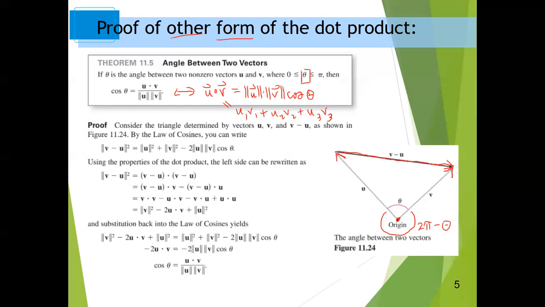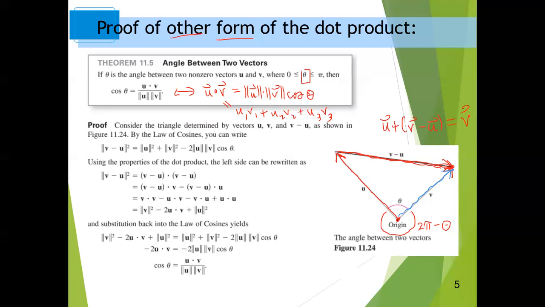After all, you would go u plus v minus u. What's u plus v minus u? V, which is exactly what you see right here. So these three vectors form a nice little triangle with each other.